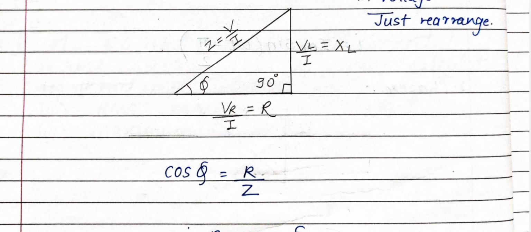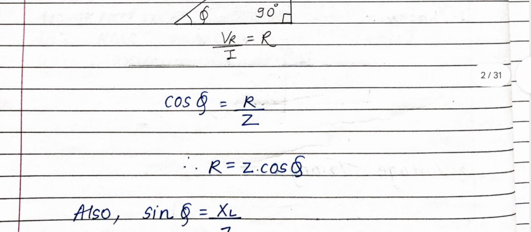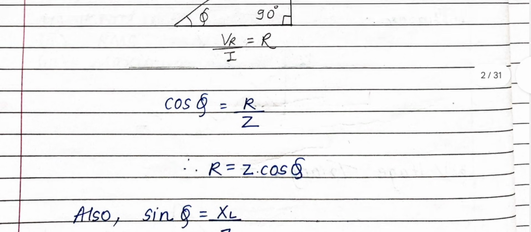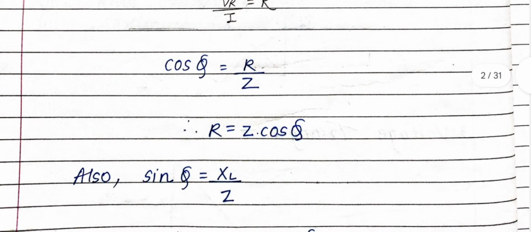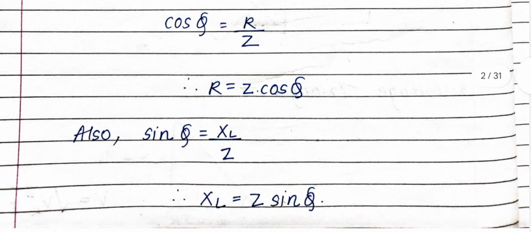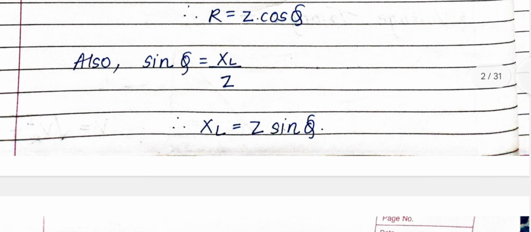What is cos phi? The adjacent is R, and the hypotenuse is Z. That is R by Z, and just write it in the form of R, which is equal to Z cos phi. Then also sin phi. Sin phi is opposite. What is opposite to phi? XL upon hypotenuse. Hypotenuse is Z. You will get sin phi is equal to XL upon Z, and just write it in the form of XL, which is equal to Z sin phi.